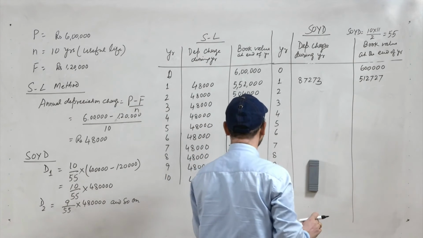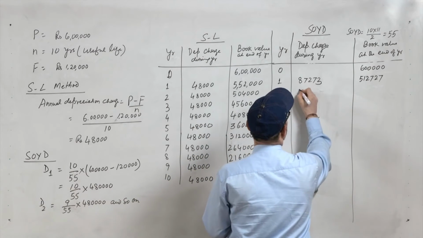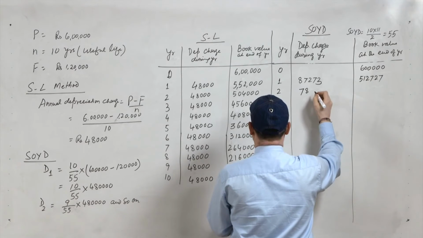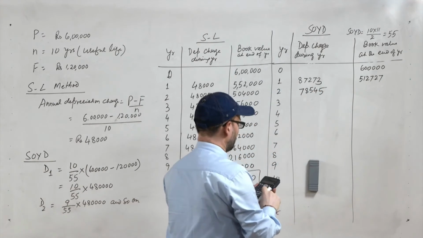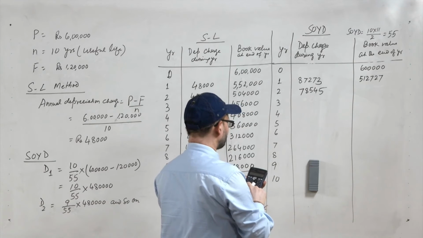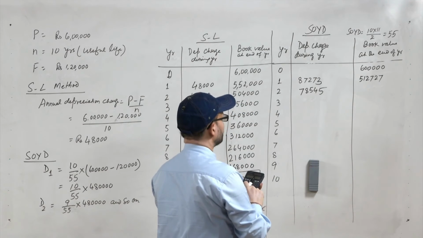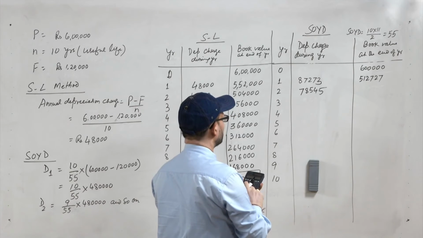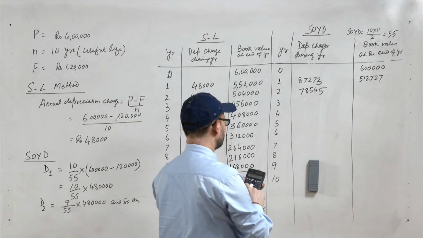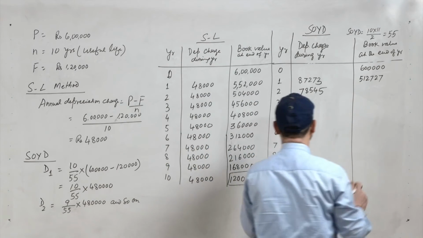So, it will be 78,545. So, 512,727 minus 78,545 will come as 434,182.